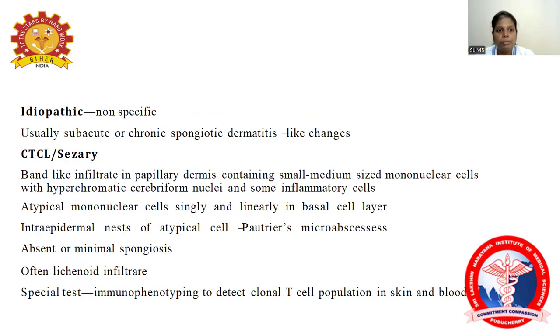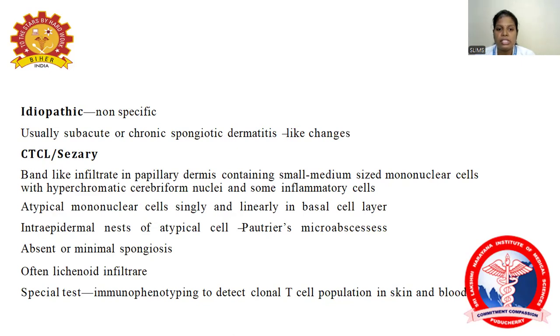Idiopathic: non-specific, usually subacute or chronic spongiotic dermatitis-like changes. Cutaneous T-cell lymphoma or Sézary: band-like infiltrate in the papillary dermis containing small to medium-sized mononuclear cells with hyperchromatic cerebriform nuclei and small inflammatory cells.